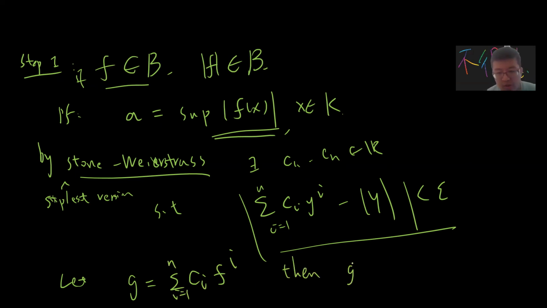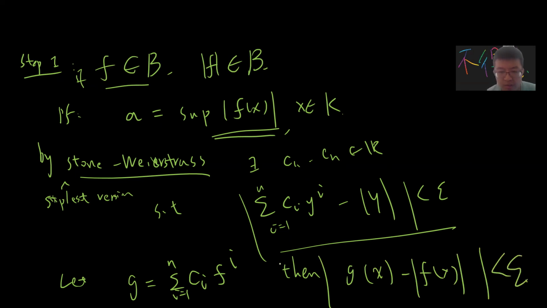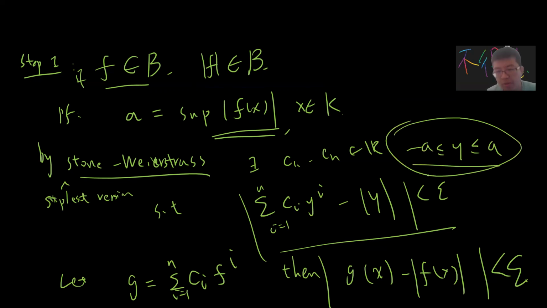Then this tells me that |g(x) minus |f(x)|| is less than epsilon, where y is any point belonging to this range. By the simplest Stone-Weierstrass, you define g to be this sum of c_i f^i. By the way, g is a function. Just plugging in, you get this, which shows that |f| belongs to B.